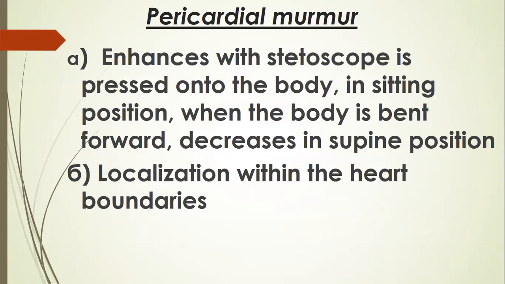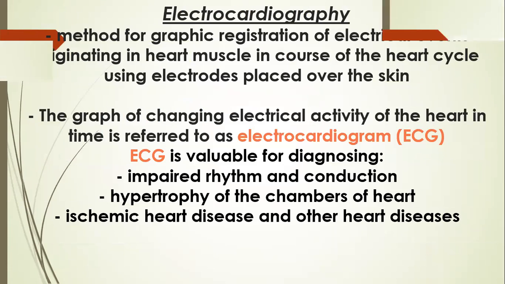A pericardial murmur we can also hear in pericarditis. It is enhanced when the stethoscope is pressed into the body in sitting position with the body bent forward, and decreased in supine position, with localization within the heart boundaries.